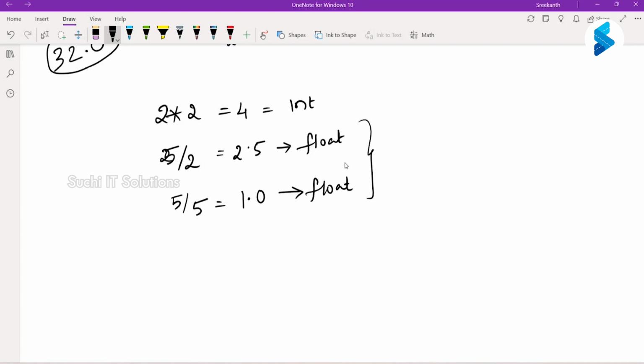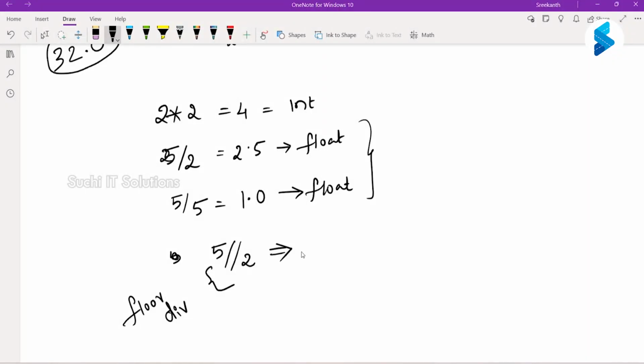Yes, sir. Okay. Now, let me just say 5 double slash 2 will result in what value? What would be the output of 5 slash slash 2? When I use a double slash, it is nothing but floor division.